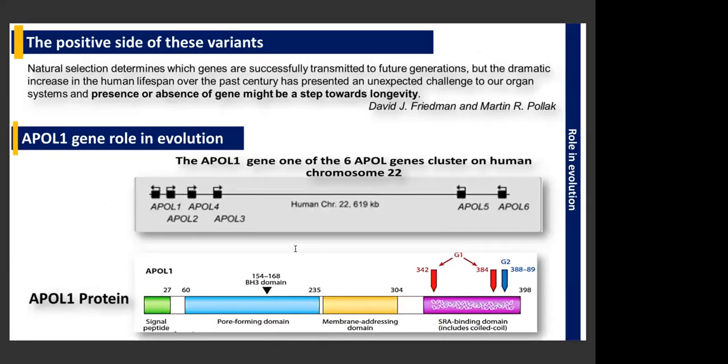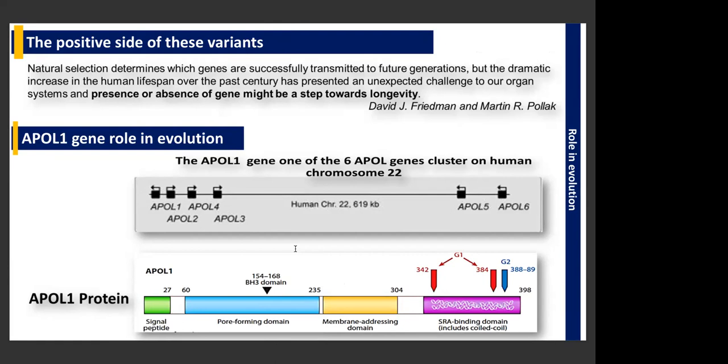So till now I have shown that the APOL1 risk alleles are associated with dysfunction of the protein, and they cause kidney failure. But other people are now hypothesizing that there is a positive side to these variants also, because Friedman and Martin Pollak have said that natural selection determines which genes are successfully transmitted to future generations.